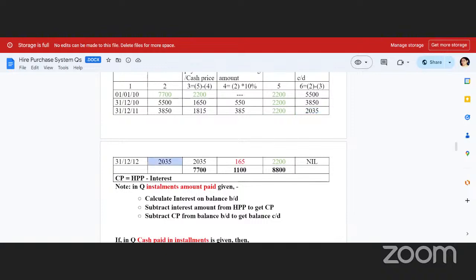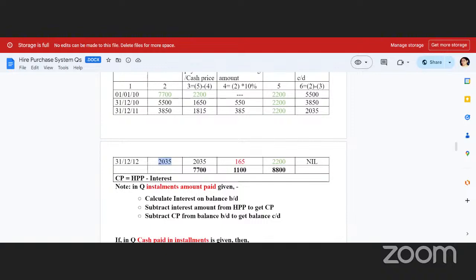Okay. So you paid 2,200. Now the last year payment, how do you do it? 2,200 minus 2,035. Don't calculate the interest in the last year. From the hire purchase price, subtract the balance amount left to be paid. 2,200 minus 2,035 is the balance amount paid.